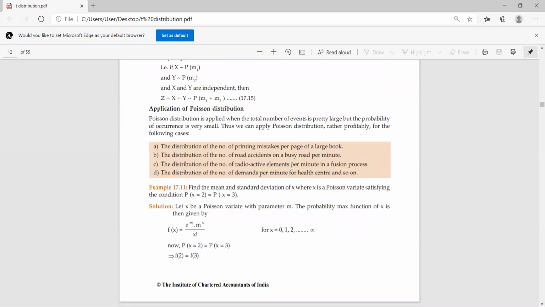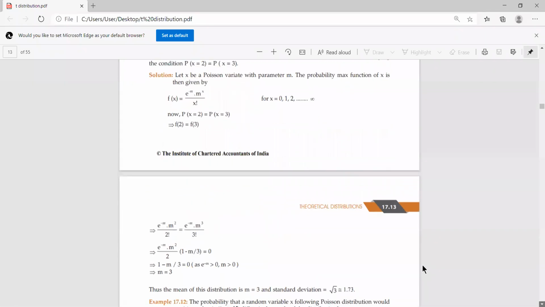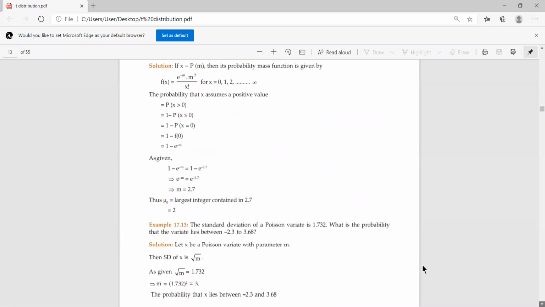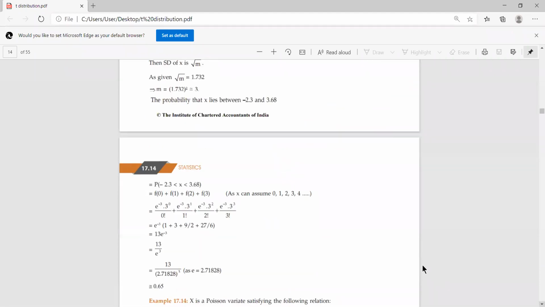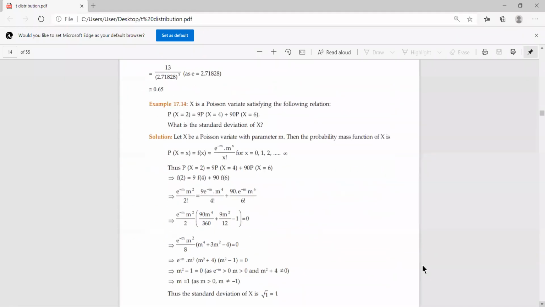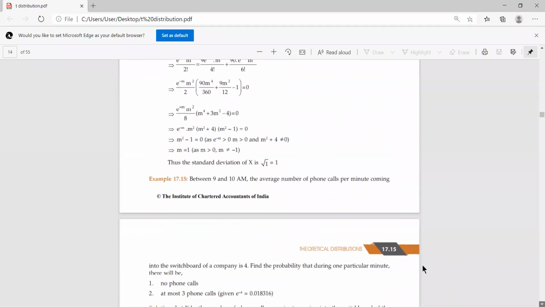They will ask which distribution applies to the number of printing mistakes per page of a large book, or the number of demands per minute for a healthcare center. Example number 17.11 is covered, and 17.12 is covered. You just need to go through the property. Example 1.3 you have to try by yourself. Example 1.4 has been given in a lengthy way here, but we have covered it in a simplified way already.